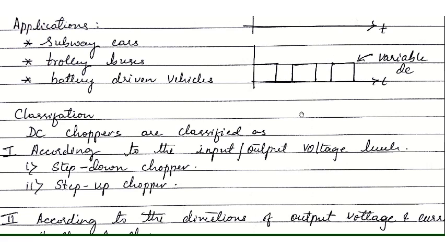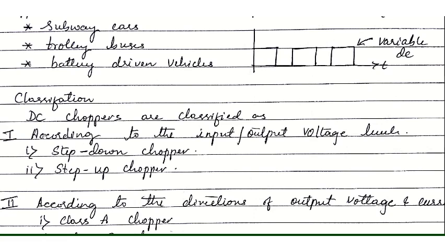Based on different operating modes, the chopper can be classified into different categories. The first category is according to the input or output voltage levels. The chopper circuits can be categorized as a step down chopper or step up chopper.